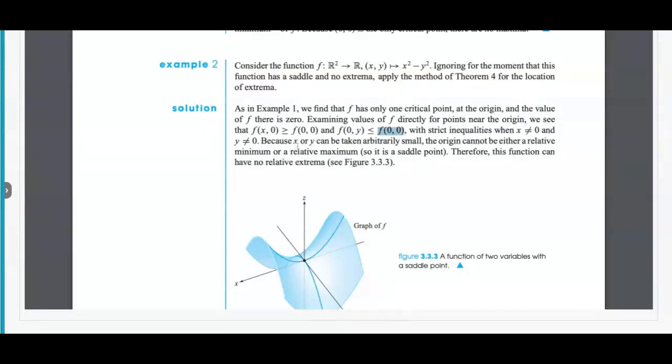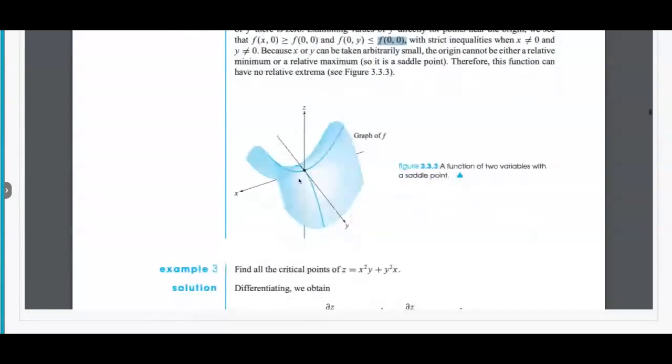So what does this mean? This means in one direction, (0, 0) acts as a local minimum. In another direction, f of (0, 0) acts as a local maximum. Look at this picture, right?